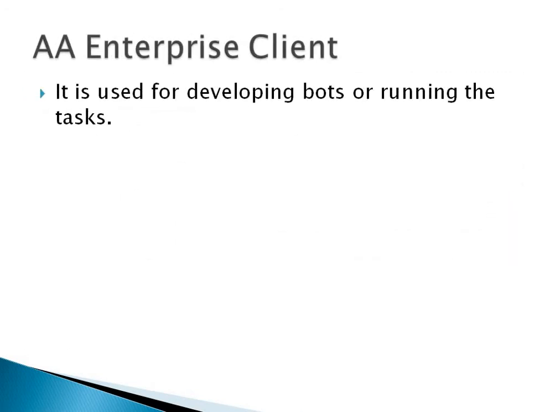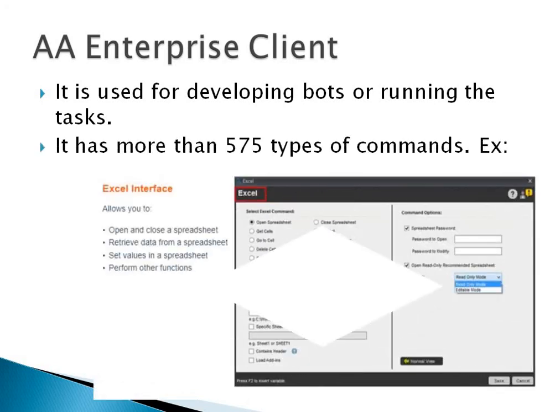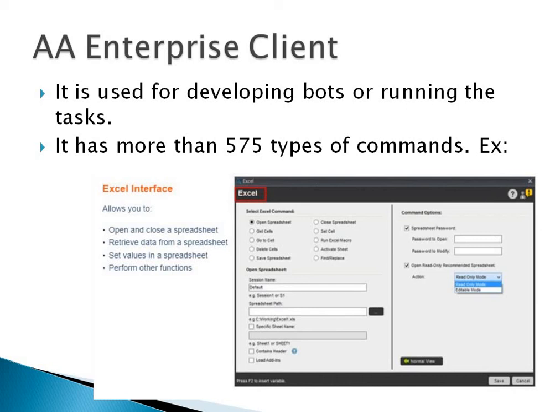The other GUI is the enterprise client. It is used for developing the bots or running the tasks. It has more than 575 types of commands. For example, you can see there is the Excel command. It is one among those 575. By using this you can open or close a spreadsheet, you can save or retrieve data from Excel, and you can do many more things.